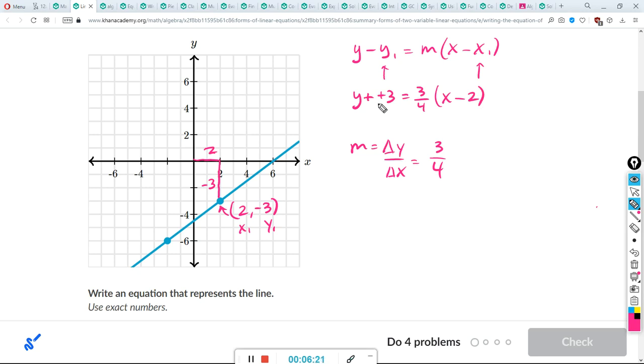So it's just y plus 3 equals 3/4 x minus 2. And you put that in the box.